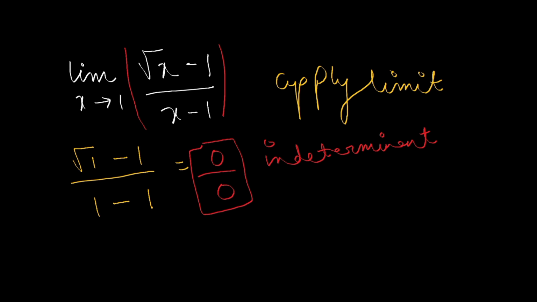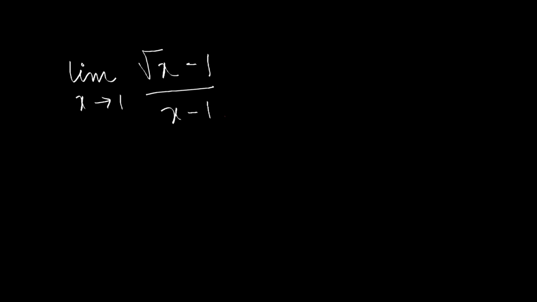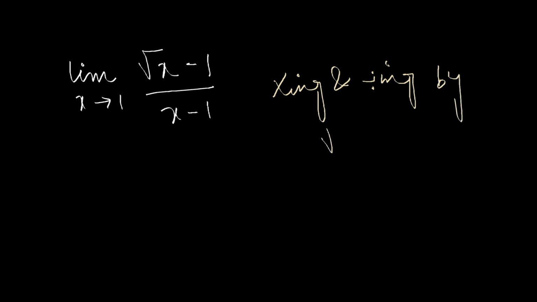So we can't directly apply limit. First, we have to convert this given function to a determinate form. For doing this, we have to start over, and first convert the function to determinate form. How can we do this? Let's multiply and divide by under root x plus 1.